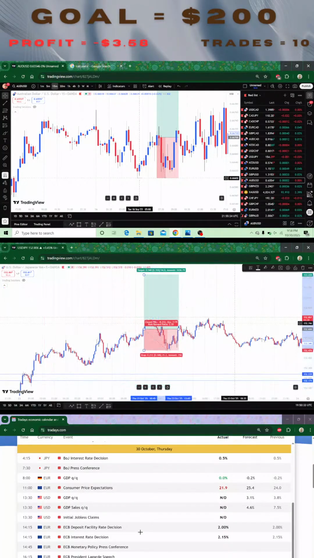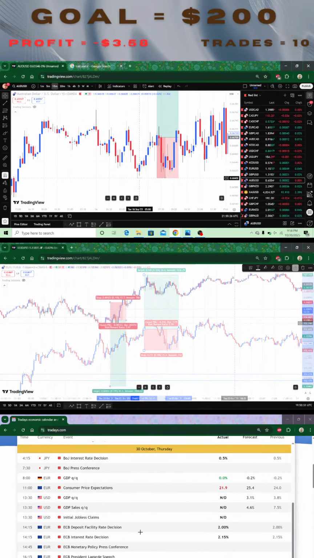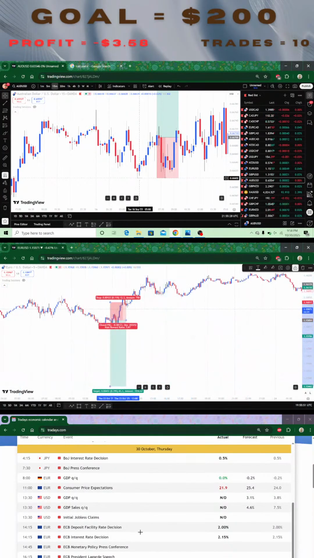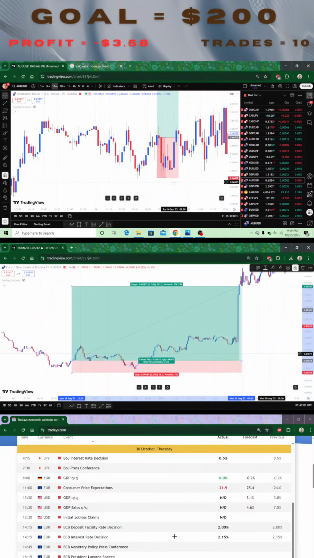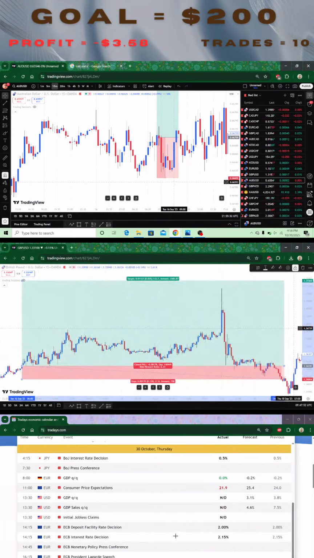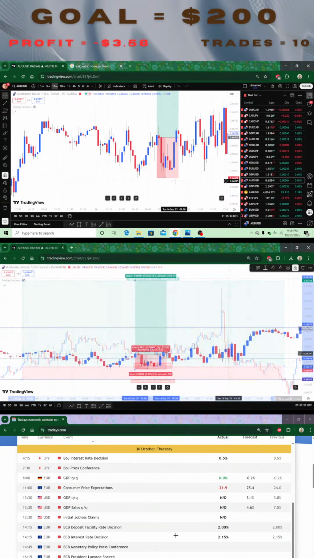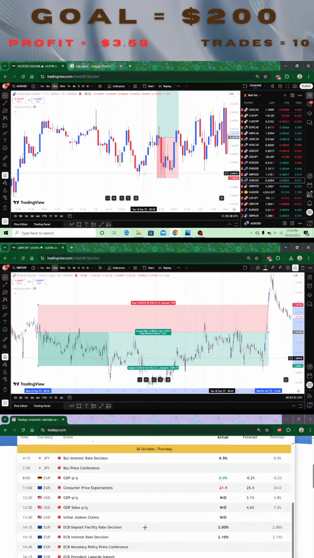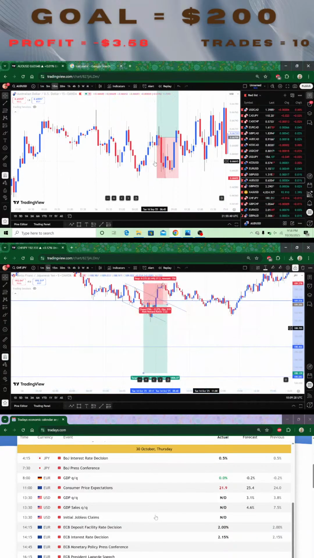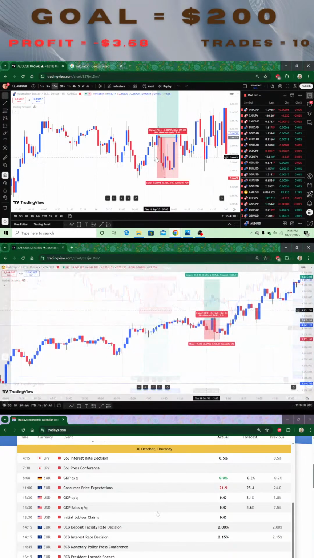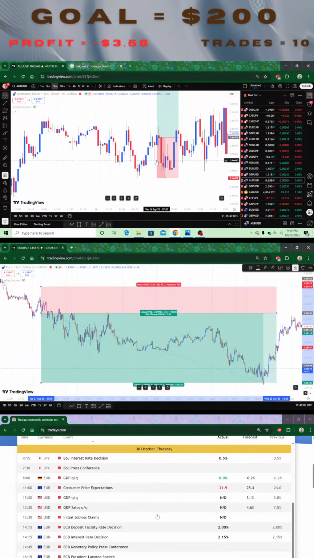This was the previous lower low that was here. I'm supposed to give a little gap above the lower low. This was the lower low that I actually identified.